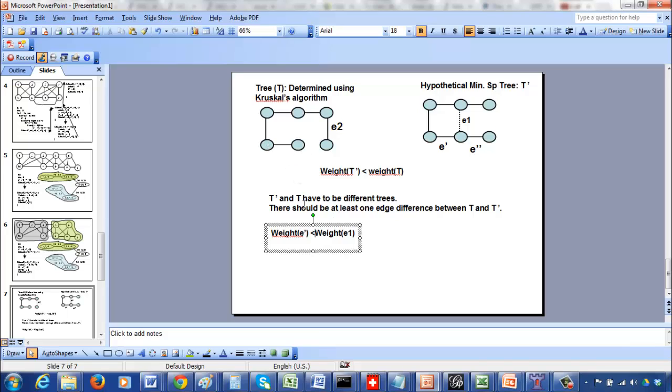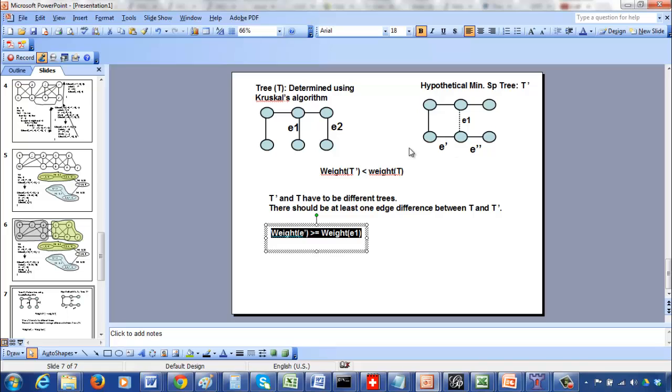But the fact that Kruskal's algorithm has E1 in it and does not have E prime in it indicates that the weight of E prime has to be at least the weight of E1, because Kruskal's algorithm considers edges in the increasing order of edge weights. So the fact that E prime is not there and you have E1 means the weight of E prime has to be greater than or equal to the weight of E1.